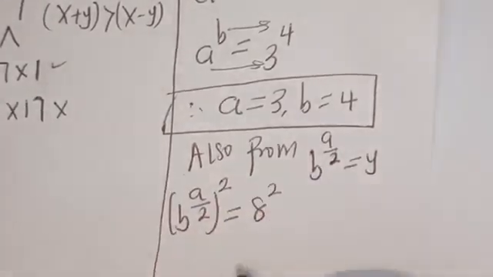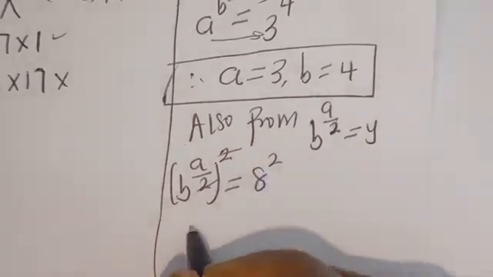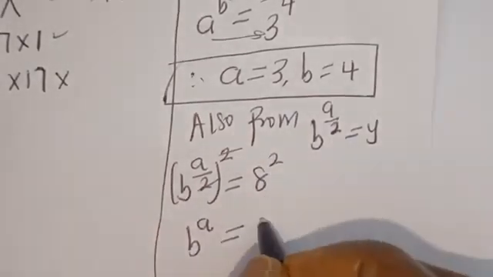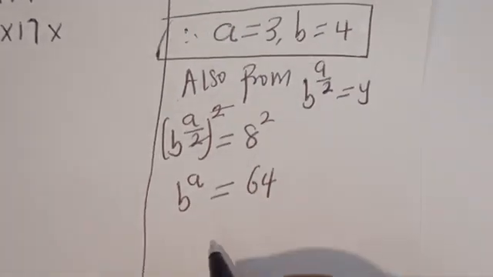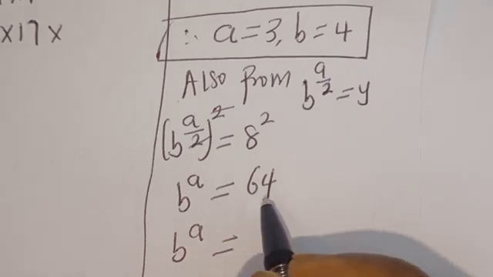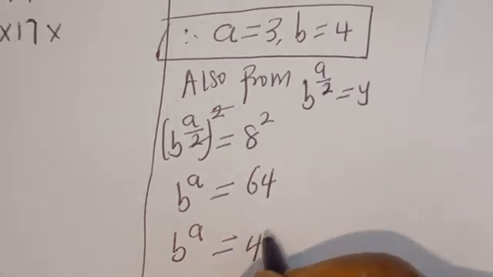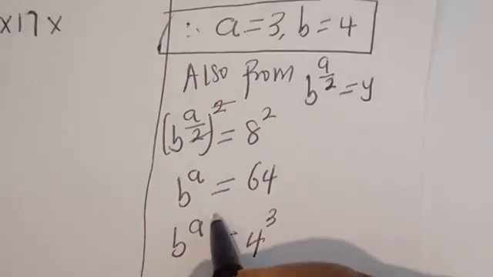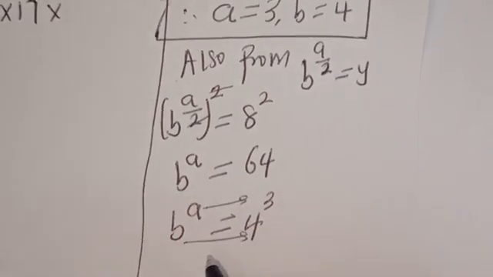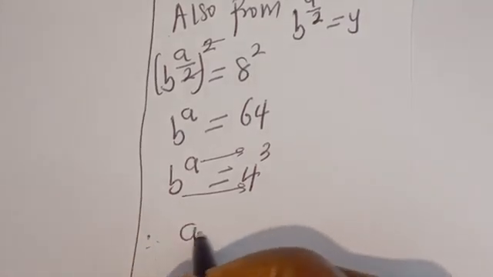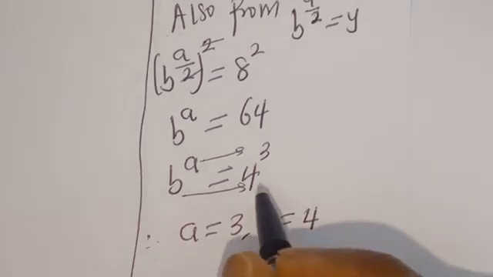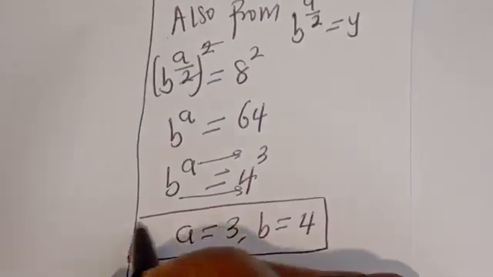We have b to the power of a is equal to 8 squared, that is 64. Then b to the power of a is equal to 64, which is 4 to the power of 3. If you look at this too, the exponent a is equal to 3 and the base b is equal to 4. Therefore, a is equal to 3 and b is equal to 4. This is also the same final answer.